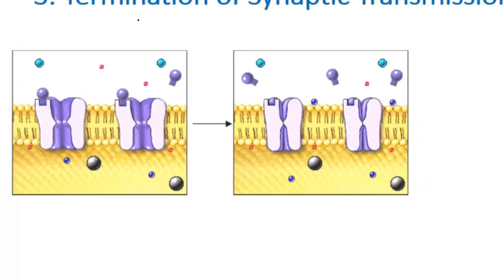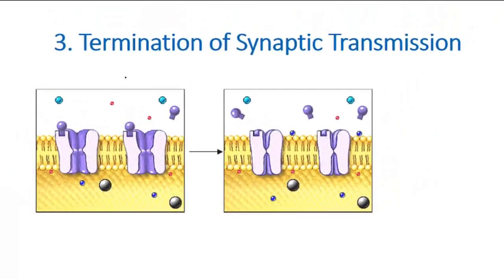Now the third part of synaptic transmission is the termination of synaptic transmission, because all this process has to have an end. Synaptic transmission ends when the neurotransmitter dissociates from the receptor. When the neurotransmitter is attached to the receptor, the channels stay open.